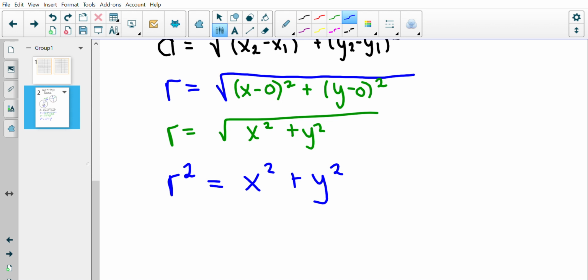Now, what's an equation of a circle that's not centered at 0, 0? So let's write this down.